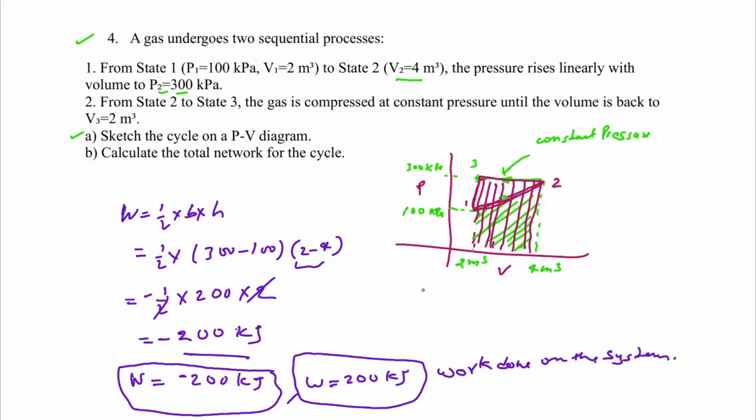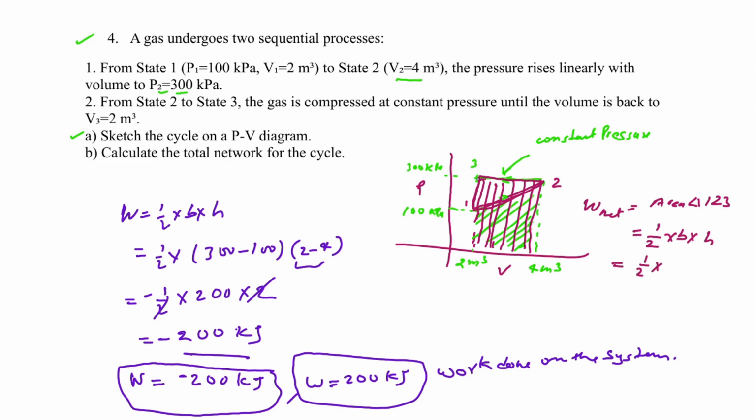So net work done, W net, equals the area of this triangle, area of triangle 1, 2, 3. The area of a triangle is 1 by 2 base into height. So 1 by 2, and what is the base?